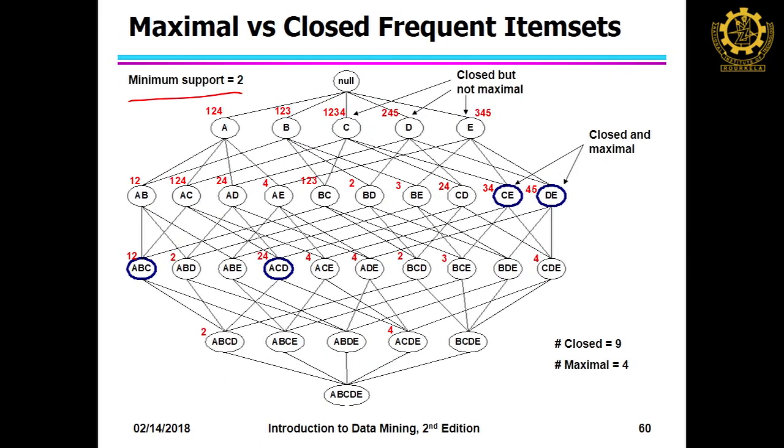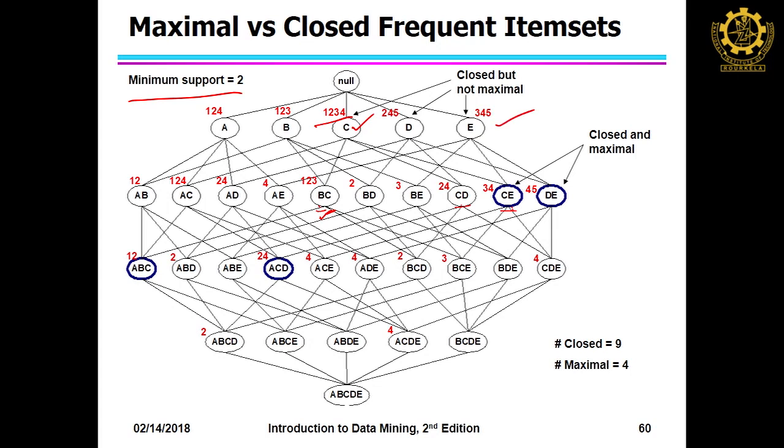Minimum support is 2, C is 4, its supersets are BC, CD, CE. So, here it is 4 support, but here it is 3 and 2 support. So, this can be closed, but not maximal, because 2 means this is frequent also, and its corresponding superset is frequent. So, C cannot be the maximal.